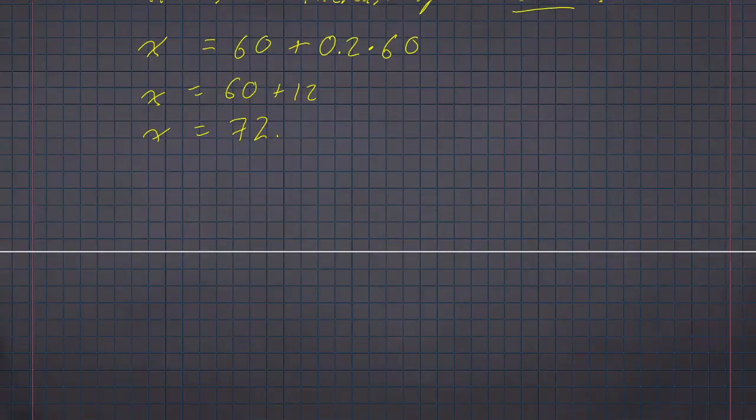What would happen if we started at 72 and decreased by 20%?